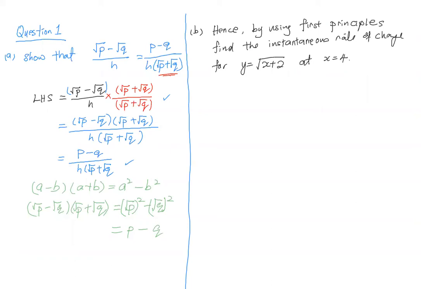So we get 2 points, right? So can you work on that? Point A, x equal to 4. Then you find your y. Point B, always put x equal to 4 plus h. Then you find your y. Okay? Then you find the slope of the chord. So I leave that to you to do for a while, can or not?